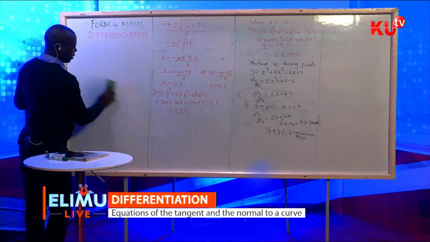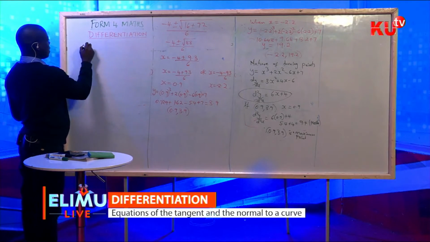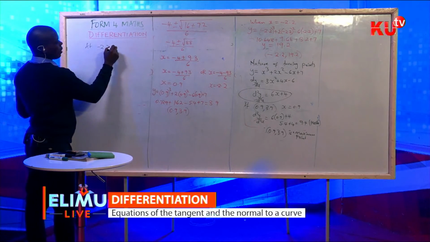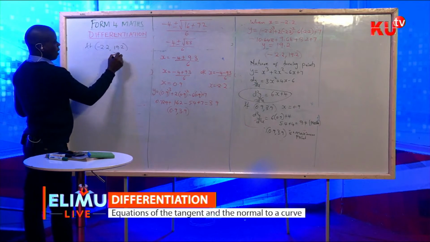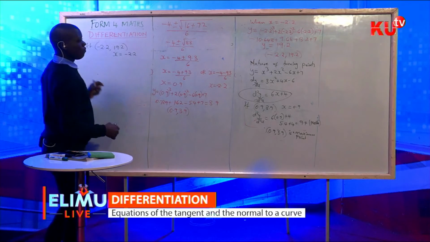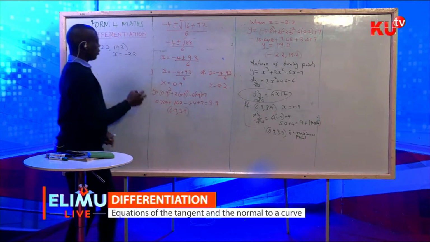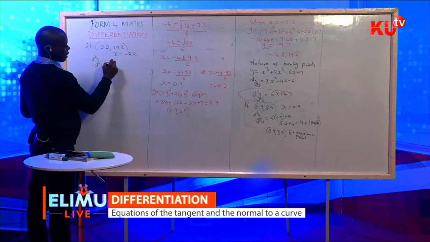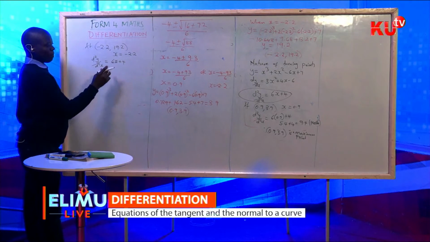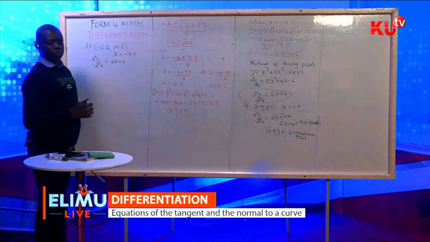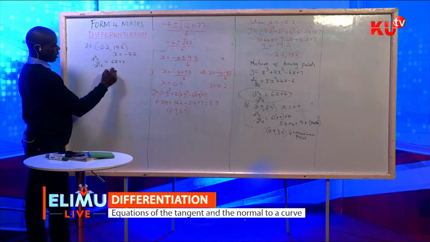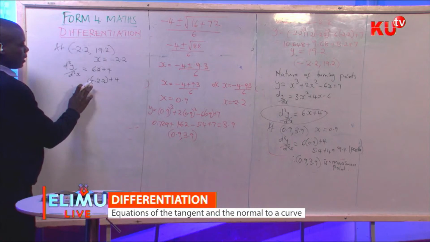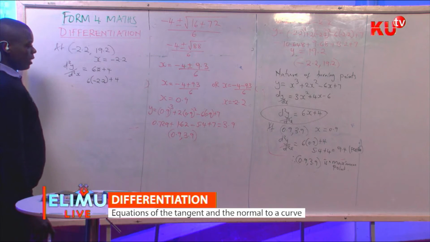And finally, to confirm the second point, the point is negative 2.2, 19.2, x is negative 2.2. Now, what is our second derivative function? d squared y, d squared x is 6x plus 4. So replace in the value of x as negative 2.2, students. So we'll have 6 into negative 2.2 plus 4. If you multiply 6 by negative 2.2, what do you get?